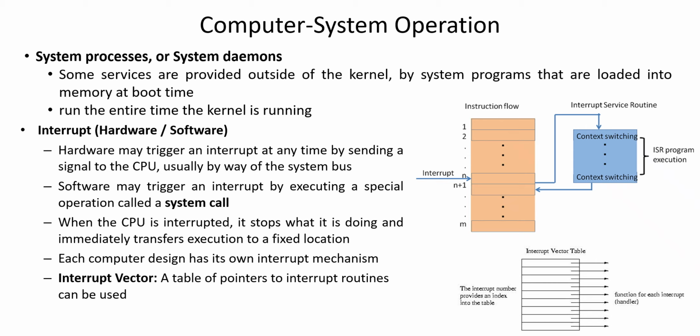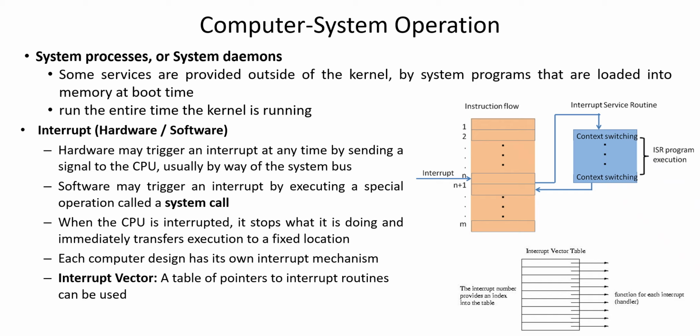Now let's talk about interrupts, which are absolutely central to how operating systems work. Hardware may trigger an interrupt at any time by sending a signal to the CPU, usually by way of the system bus. Software can also trigger an interrupt by executing a special operation called a system call.